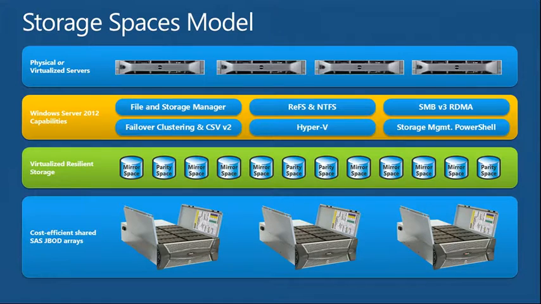And then you have different connectivity mechanisms to get into these, either SMB3 or faster RDMA access. And then you also have a consistent experience for management across these different things, being either Server Manager or PowerShell. And then lastly, you obviously have either physical or virtual systems that are connected up into these.